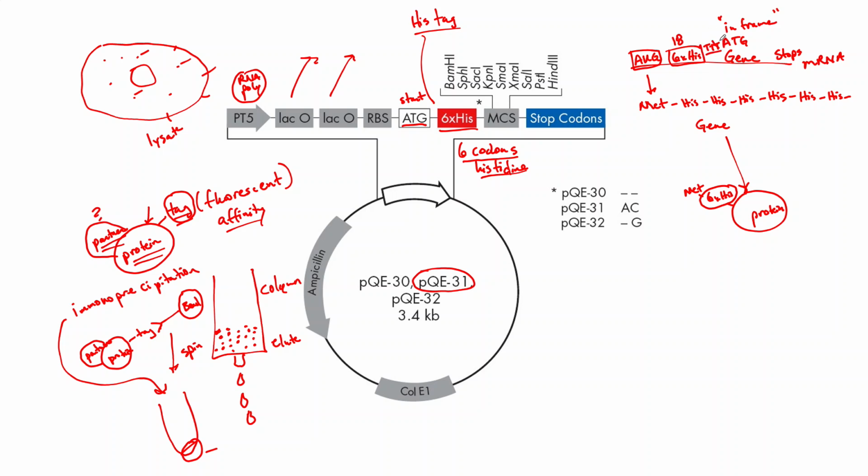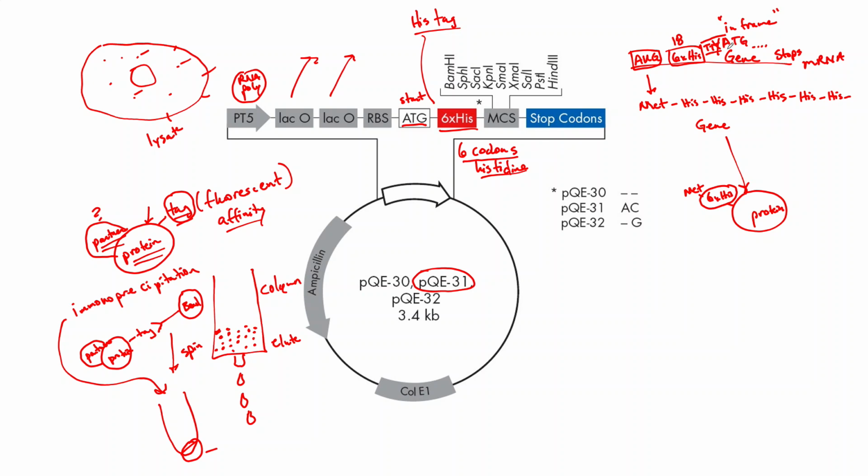But if you had something other than a multiple of 3, let's say you only had 2 bases between the last codon of your histidine and the start codon of your gene, then the ribosome, instead of reading your gene like it should, would actually read TTA, TTA, and then TG and whatever comes after that, and it would read your gene wrong.